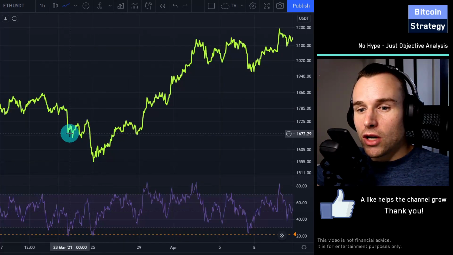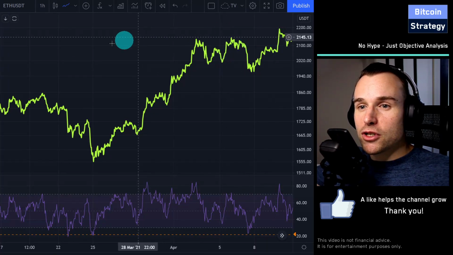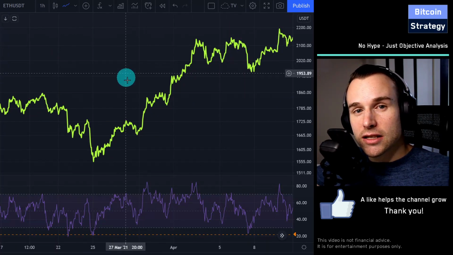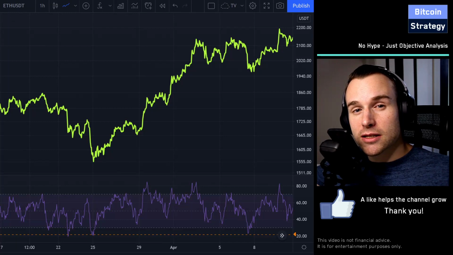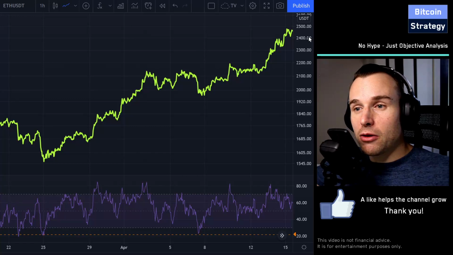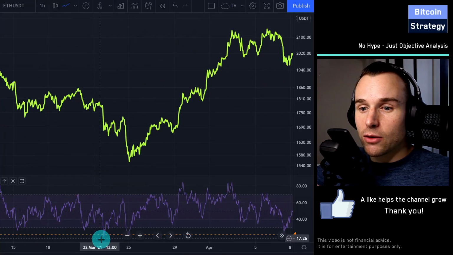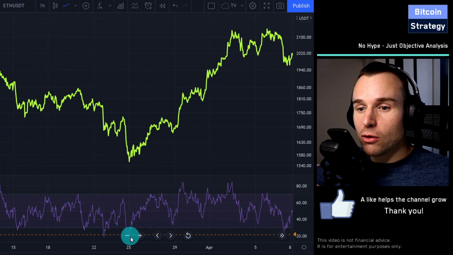And so what I've done is I have backtested this. I have compared the average price of the entire data set of Ethereum. So that starts since the beginning of 2020. I've compared the average price of Ethereum during that time with the average price of a subset of that data whenever the RSI was below a certain threshold.